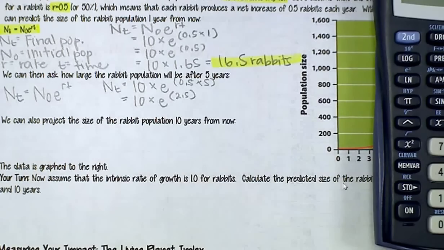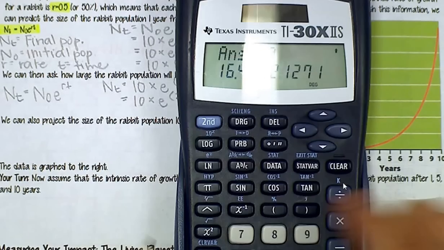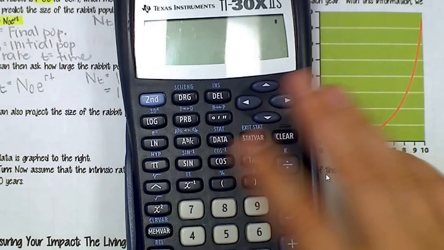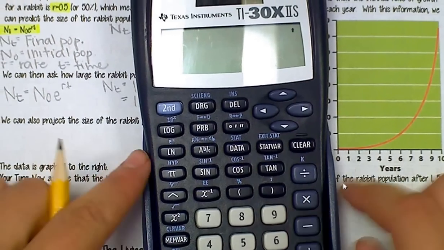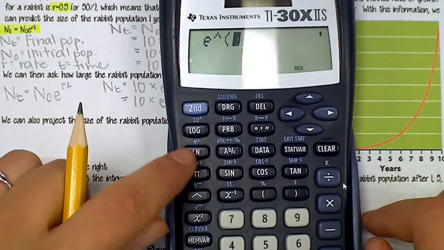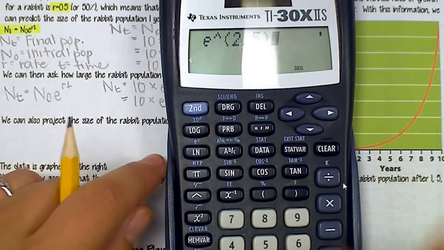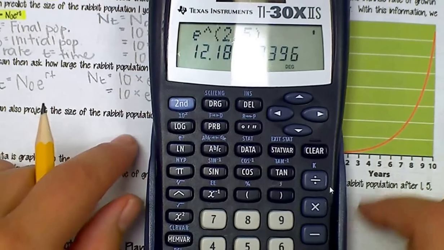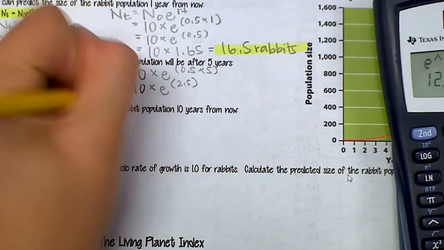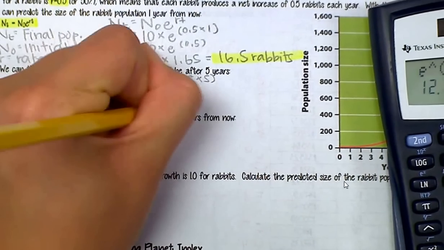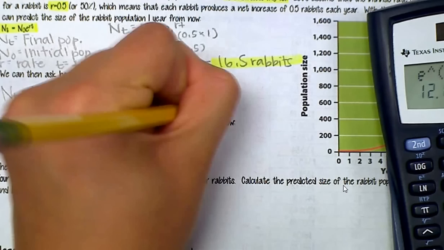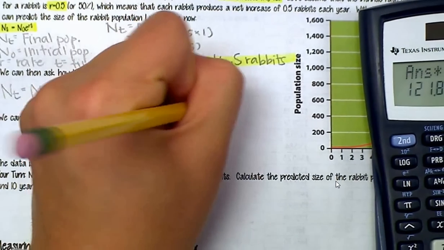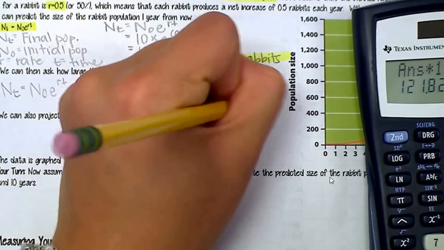Now on our calculator again, sorry about the glare, we're going to say second, e to the 2.5, equals 12.18. So that equals 10 times 12.18. If we do the simple math there, that gives us 121.8 rabbits.